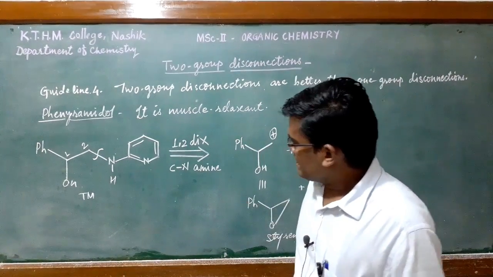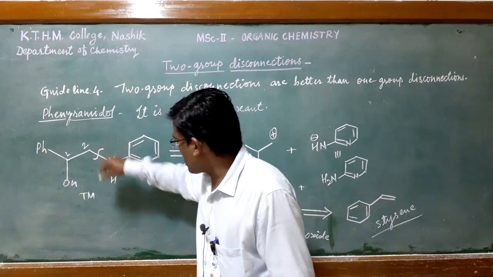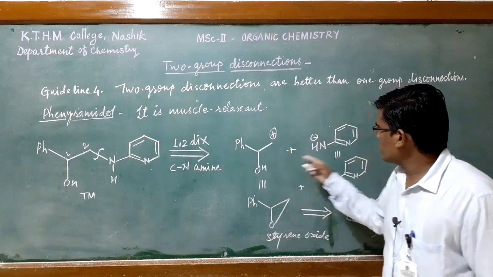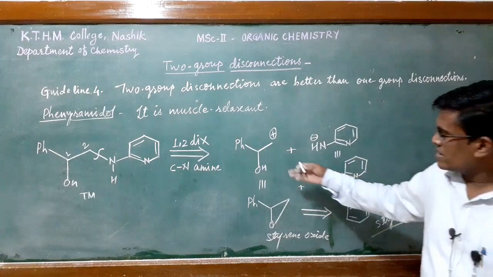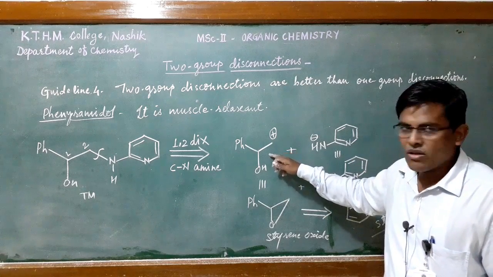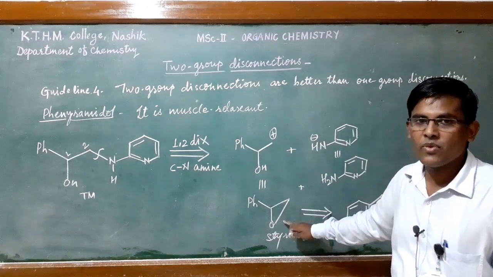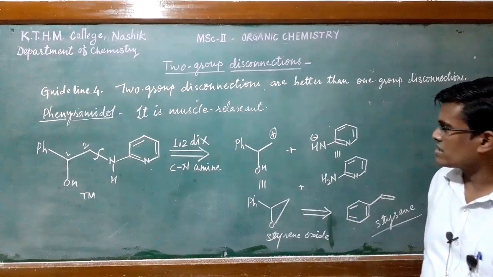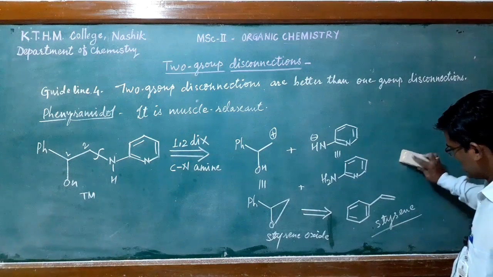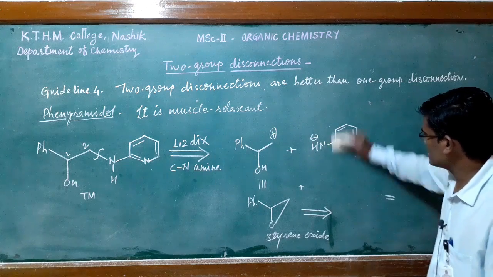Okay. So then we can cleave this bond to get these two fragments. As I mentioned before, this synthon corresponds to its epoxide, that is styrene oxide. So let us see its forward synthesis.